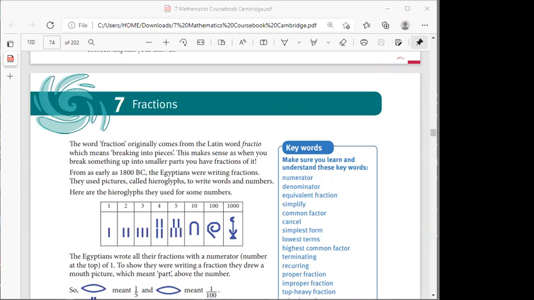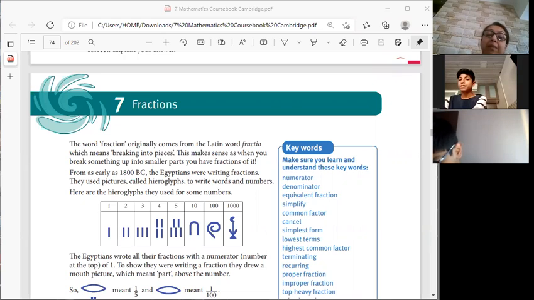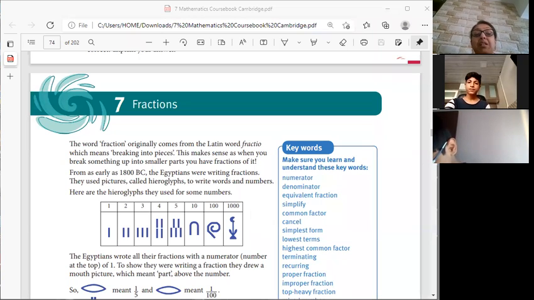Now we'll try to know a little of the history of maths. How did this word come? What does this mean? How did people use it earlier? The word fraction came from a Latin word, fractio, which means breaking into pieces.